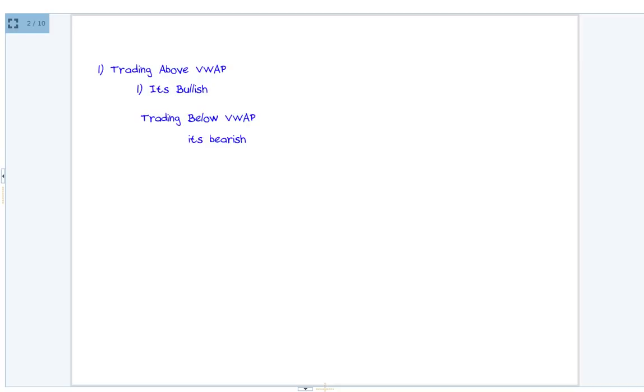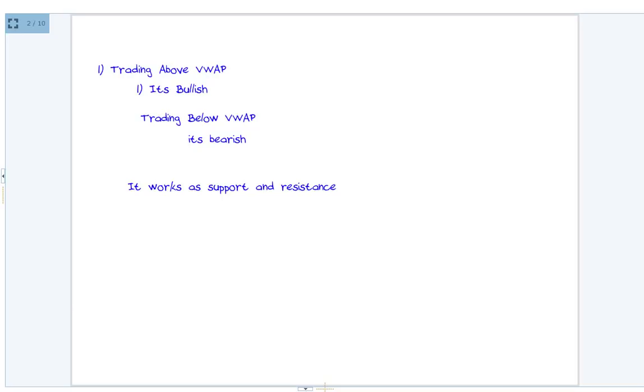As simple as that. It's above it, it's bullish. It's below it, it's bearish. Period. And another way to use it is as support and resistance. It acts like a support and resistance level.